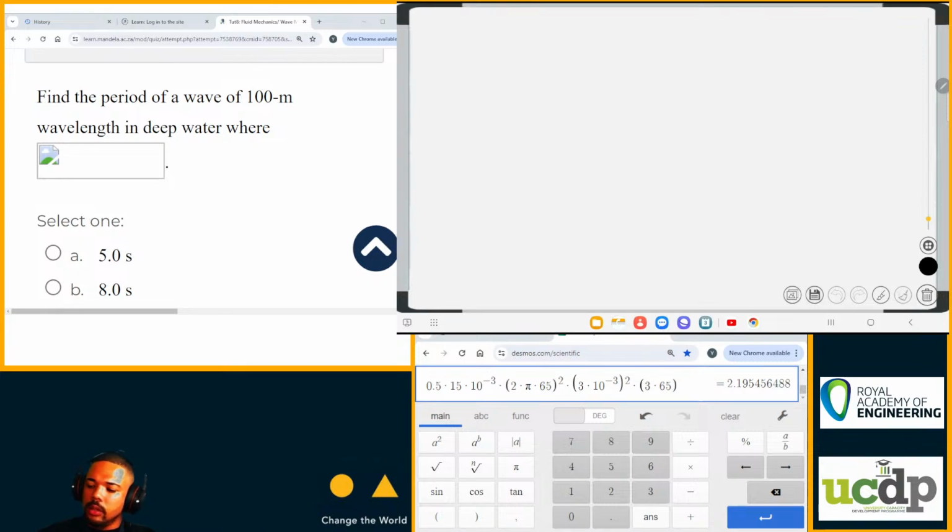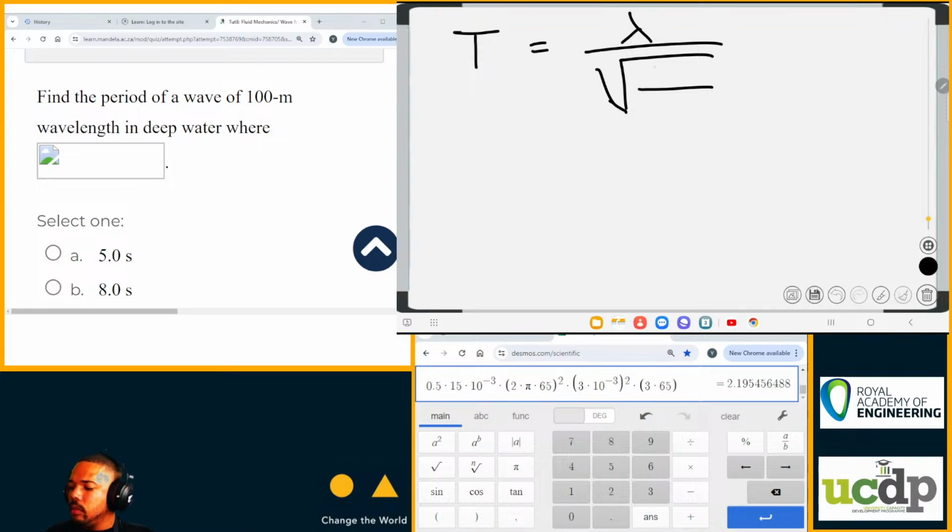Okay, so we are working with time. The time or period is equal to wavelength over the square root of g, the gravitational constant, times lambda over 2 pi. They gave us this as velocity.